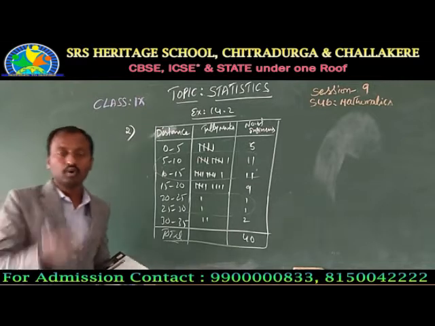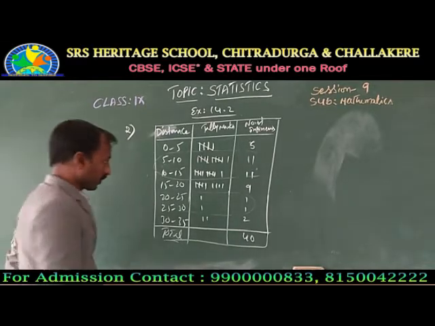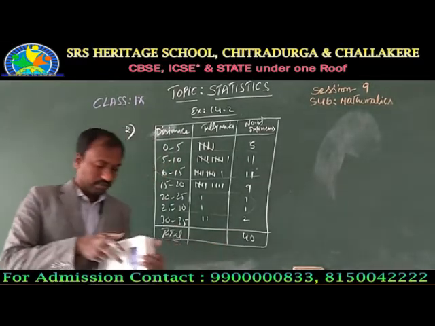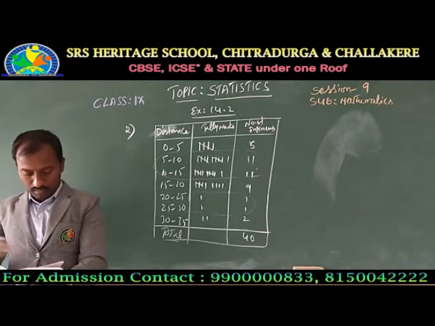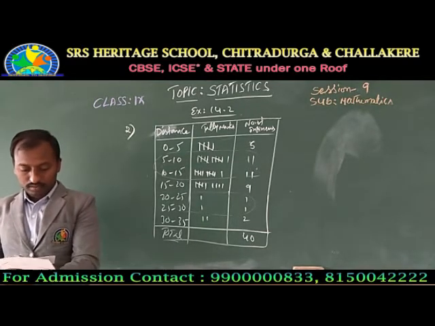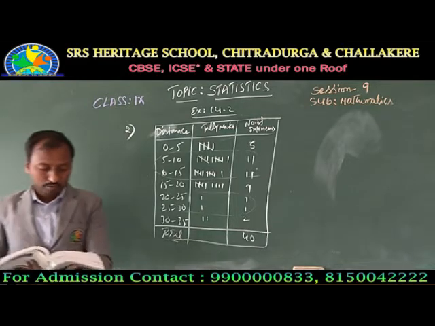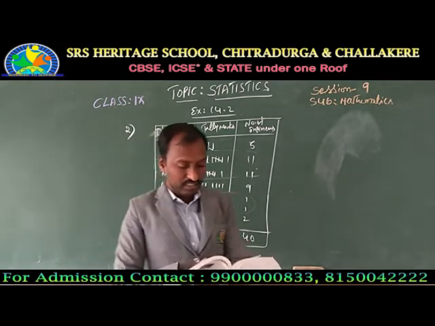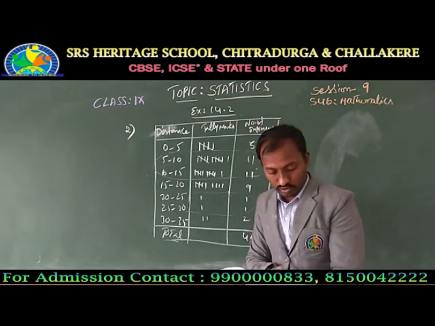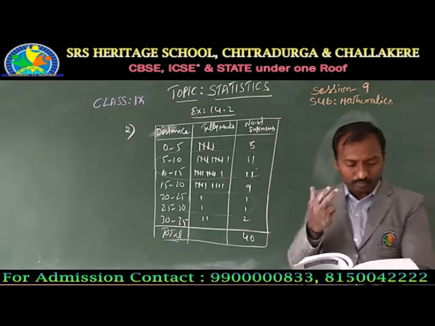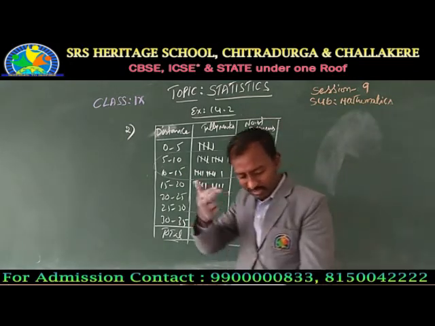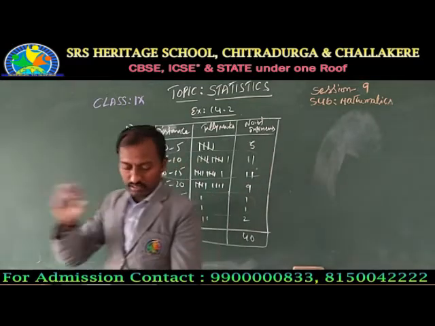Next, let us move to the third problem. What is the third problem in this? The relative humidity of a certain city for the month of 30 days was as follows: 91, 98.1, 98.6, 99.2 like that. They are given for 30 days.